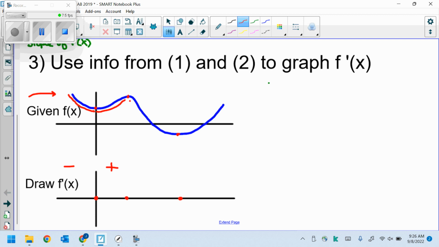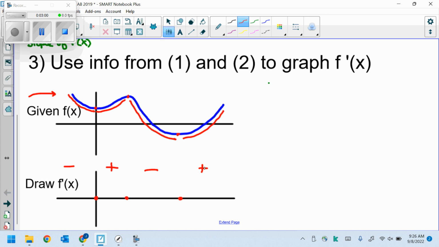In between these zeros, all of these slopes are negative. And then after that 0, it looks like all of the slopes, and therefore the value of the derivative, is going to have to be positive.